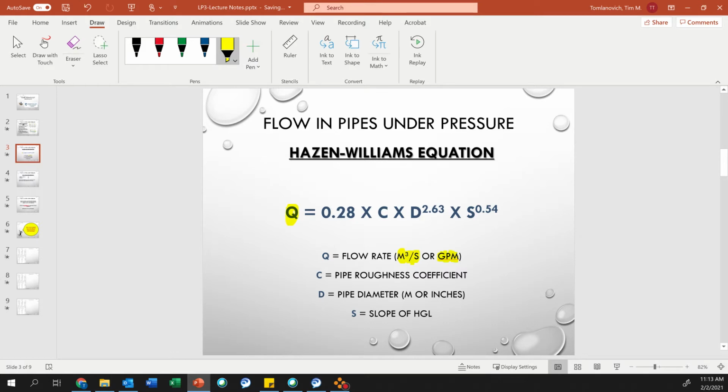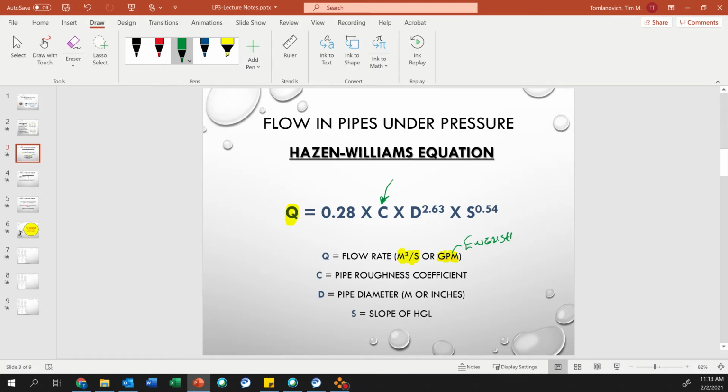Gallons per minute is the English units, and cubic meters is the metric. C is called a pipe roughness coefficient. Pipe roughness coefficient, and we'll talk about that in the next slide.